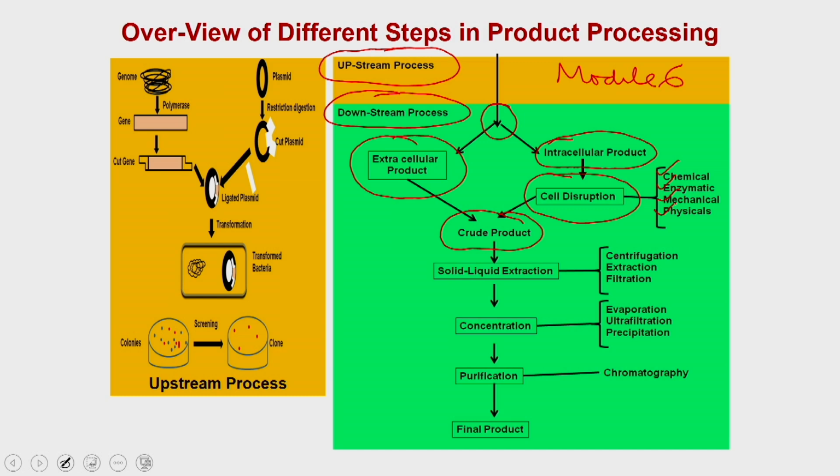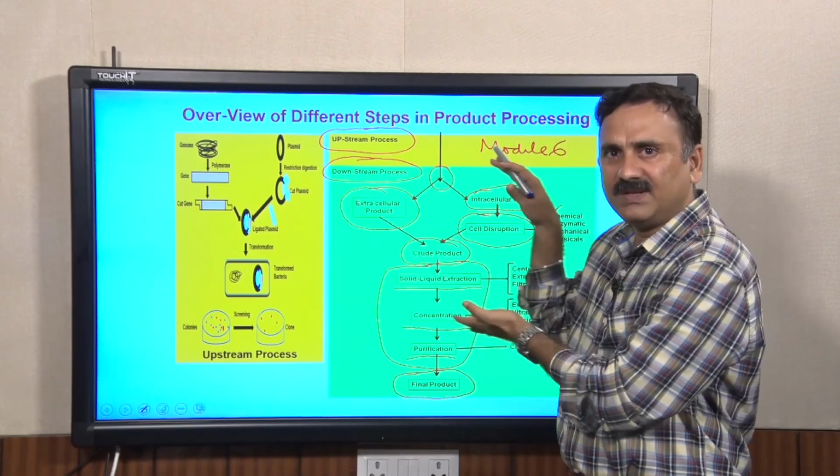Once you have the crude product, you employ different fractionation techniques, whether liquid-liquid or solid-liquid extractions, concentrations, or purifications, and finally you get the purified product which you use in downstream applications. Following the downstream processes, we have discussed many of these steps.